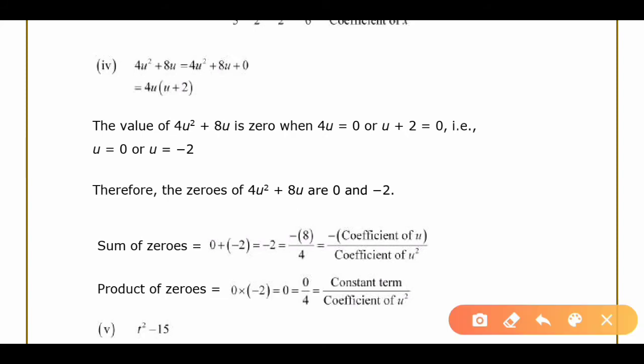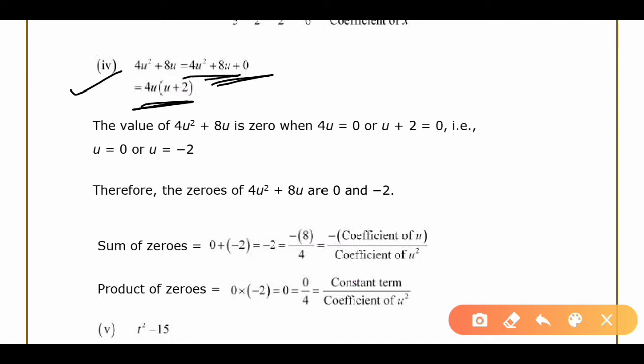Now next numerical, 4u square plus 8u. Here the constant term is equal to 0, so we are putting 0 here. Again, for finding the solution of this equation, we'll take common quantities outside the bracket.